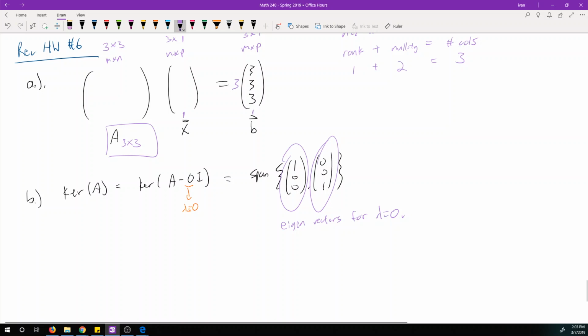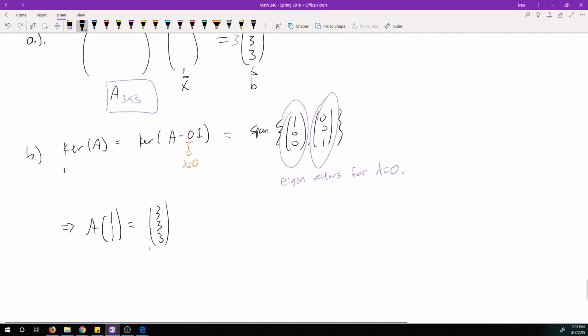The way we do this is to use the fact that the solution of the system is 1, 1, 1. So A times 1, 1, 1 is equal to 3, 3, 3. This looks suspiciously like the definition of eigenvalue and eigenvector.